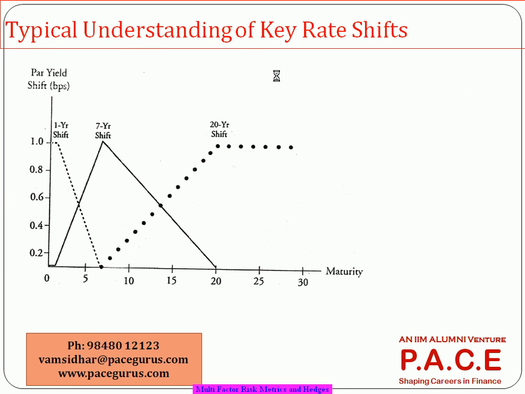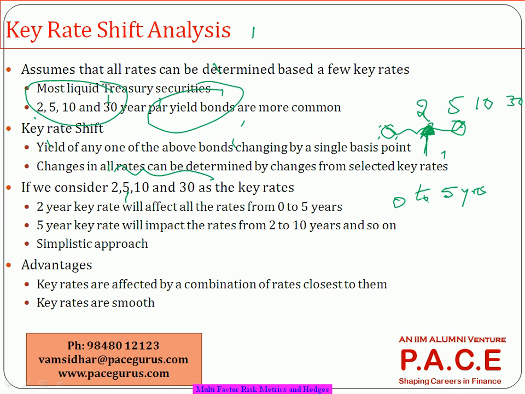So between 0 and 5, this is the rate of change. If this is a 0.5% change, probably for 1.5 years take it as 0.4% change, and here also take it as 0.4% change, and probably like this up to 0 and here up to 5.